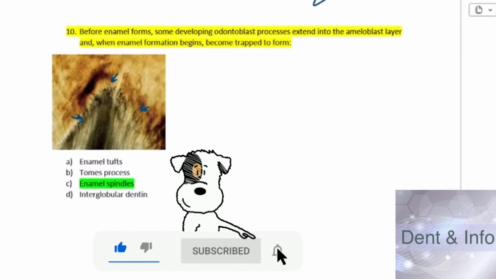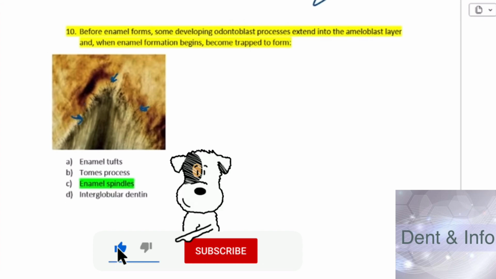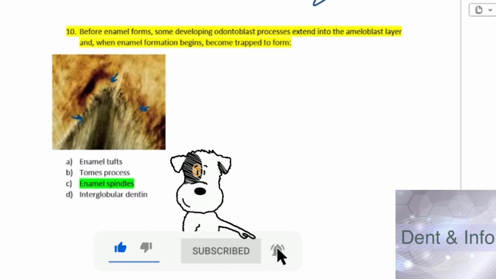They were not supposed to cross the DEJ, but by mistake they went across during development. So that's a kind of ectopic thing. Something should be present in the dentine, but now it has come in enamel. So these overextended odontoblastic processes are called enamel spindles.